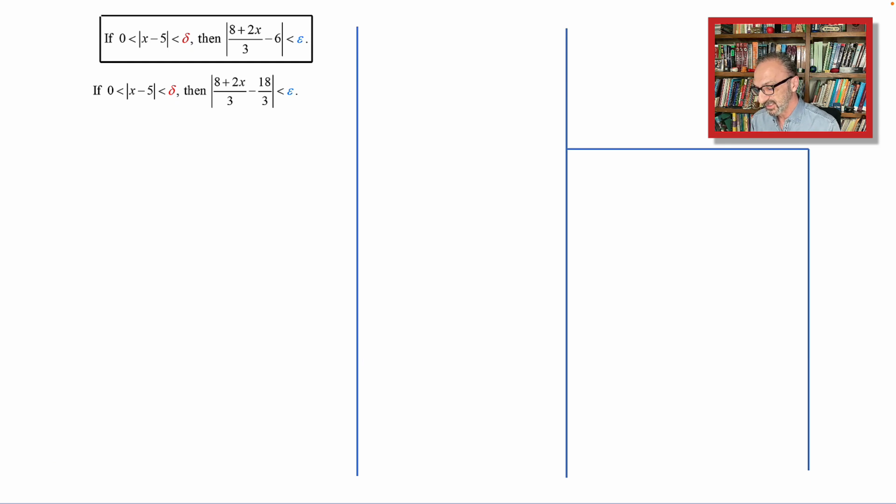If the absolute value of x minus 5 is less than delta, then we need the absolute value of 8 plus 2x over 3 minus 6 to be less than epsilon. But I rewrote 6 as you can see as 18 over 3. So that is the same thing as this, if and only if. That's for sure.